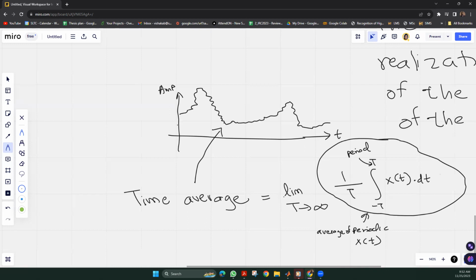Because of that, we send the time period up to infinity, then do this integration, which we normally do for periodic signals, to find the average of the signal. So the time average we can find by sending the T value to infinity in this integration.